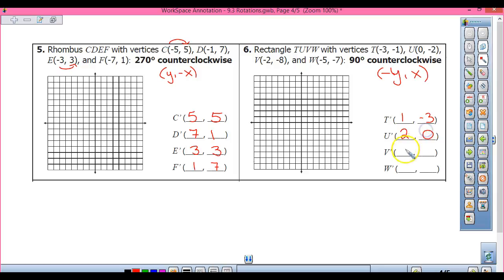Good, 2, 0. Ooh, careful. What's V? 8, negative 2, there you go. And W is 7, negative 5. Good. Okay, so is it horrible?